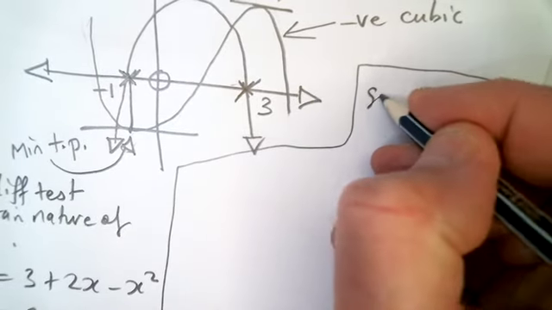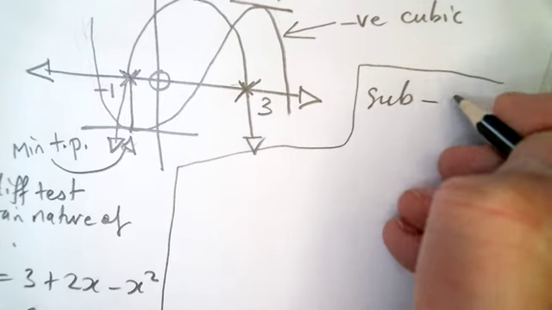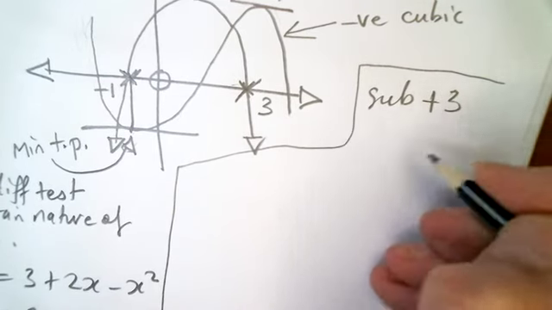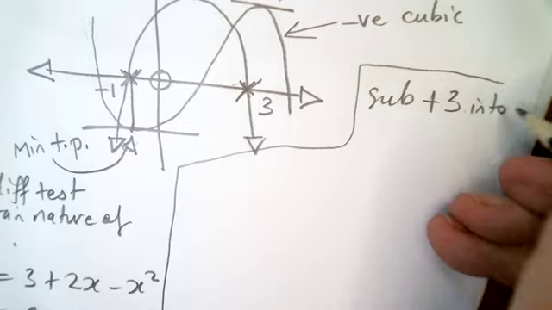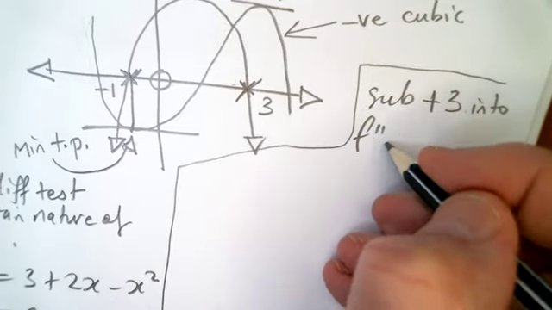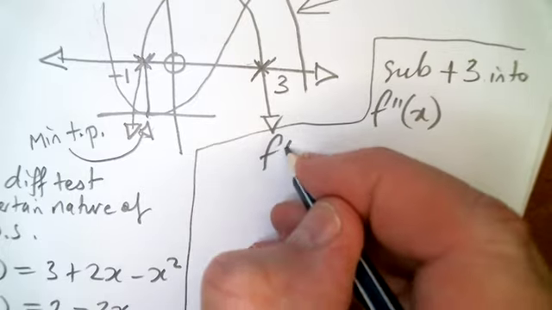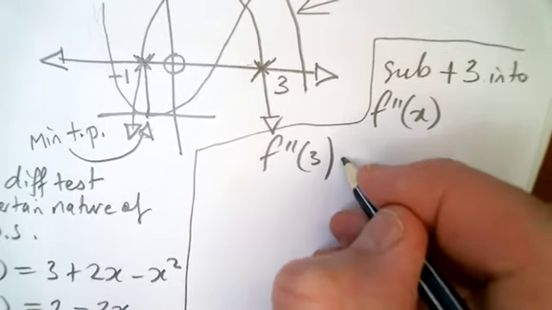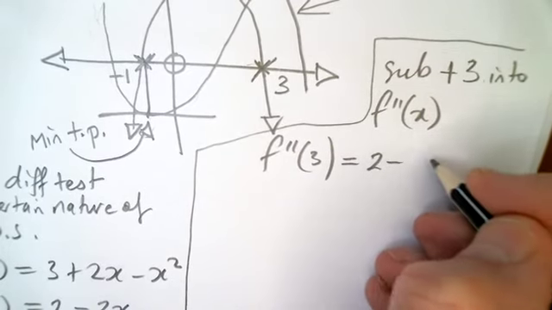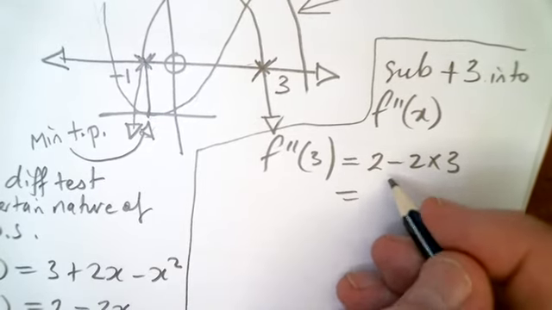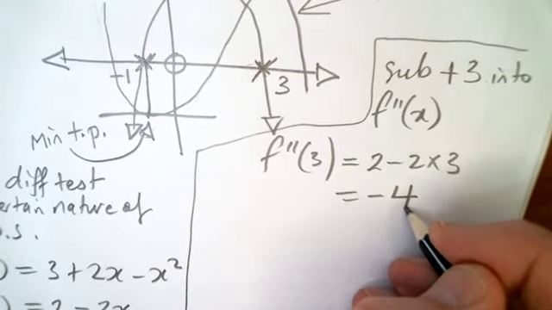So I'm going to sub plus 3 into f double dash of x. So here it is, f double dash of 3 is equal to 2 minus 2 times 3. 2 minus 6 is going to equal negative 4.